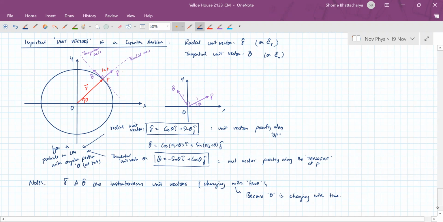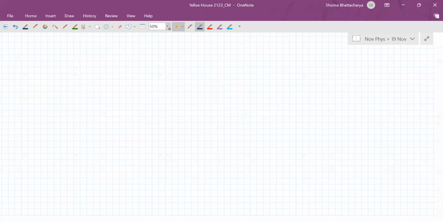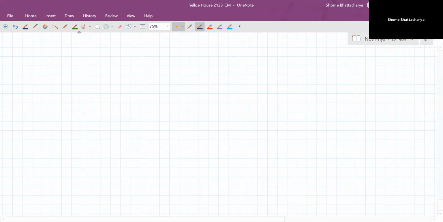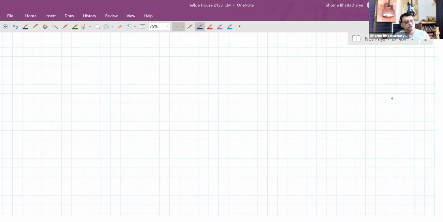Okay, now next let us look at the concept of position, velocity and acceleration.